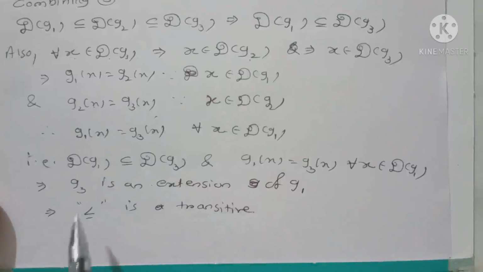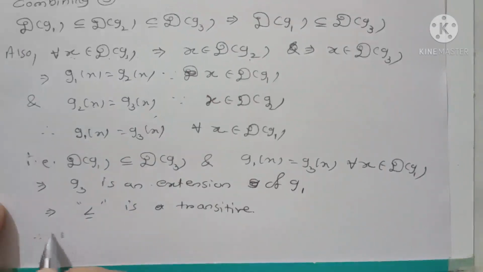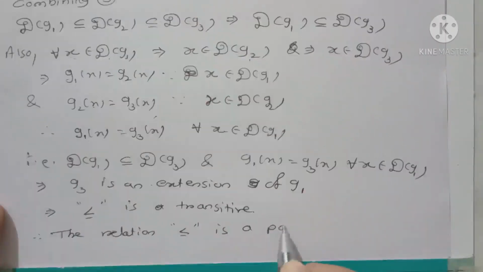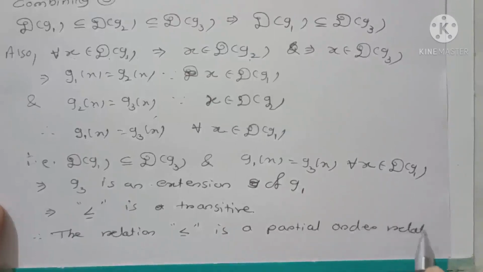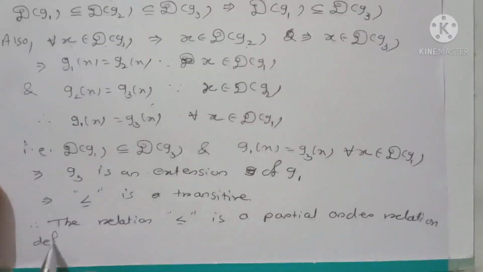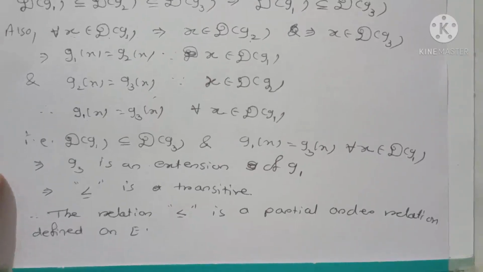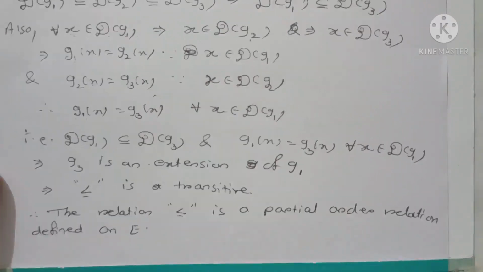In this way we are showing that this relation is reflexive, antisymmetric and transitive, and therefore the relation less than or equal to is a partial order relation defined on capital E, because it is defined on the set E, which is the set of all linear extensions of f satisfying the condition that g(x) is less than or equal to p(x).